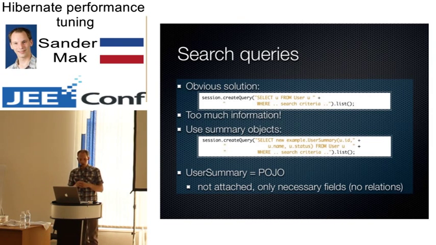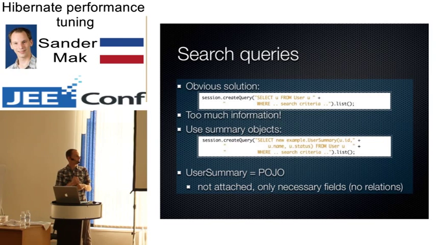So, one very nice thing that you can do, and that not many people know about, is that you can instantiate your own objects in a JPA or a Hibernate query. And in this case, I do a select and I say new example, the user summary, and the class name needs to be fully qualified for Hibernate to find it. And I just select some fields that are relevant for my result list.